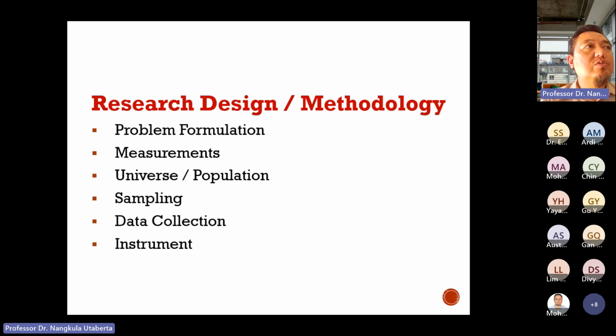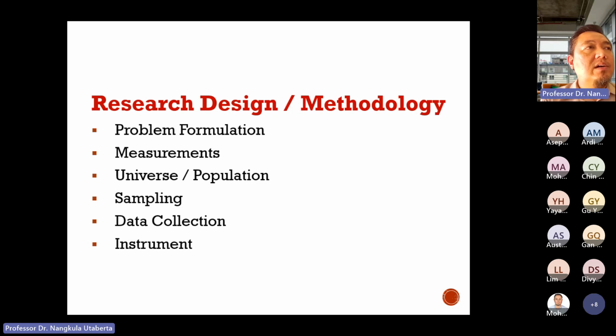But today, number one is how we actually design our research. This is very important. What are the factors that we have to consider when we design our research? And the second part, I'll be discussing how to write a research proposal.